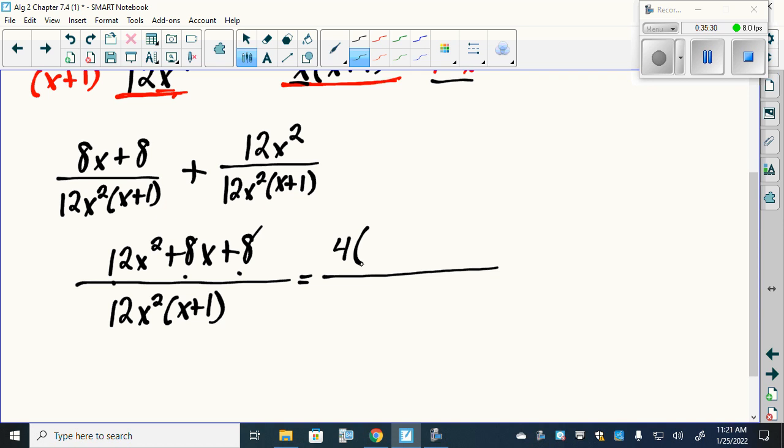And if we factor 4 out of 12x squared, we're left with 3x squared plus 2x plus 2 over 12x squared times x plus 1. And we do need to factor out any greatest common factors or simplify it down as far as we can. Now it does work out that the 3x squared plus 2x plus 2 doesn't factor any further.